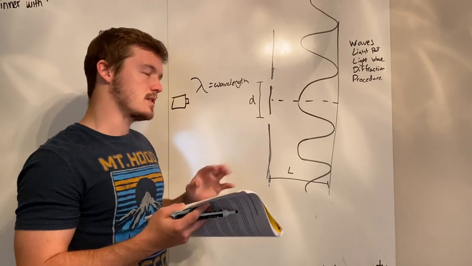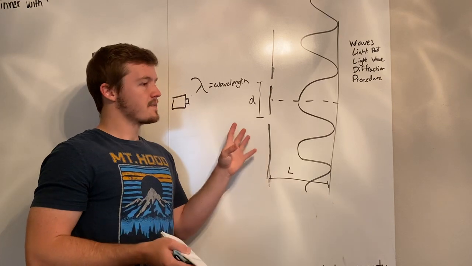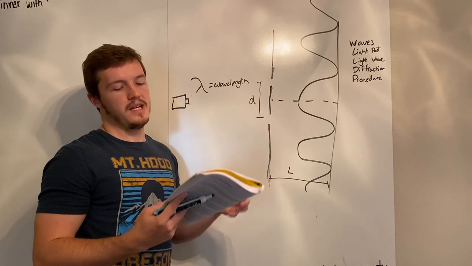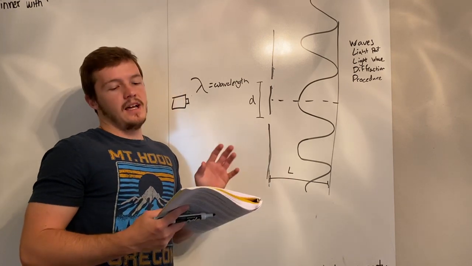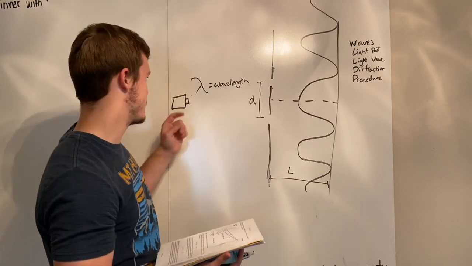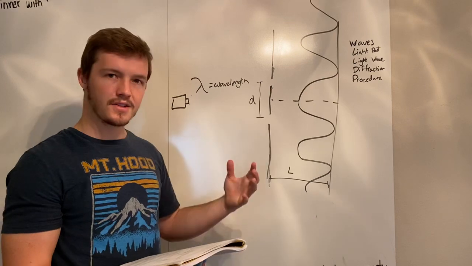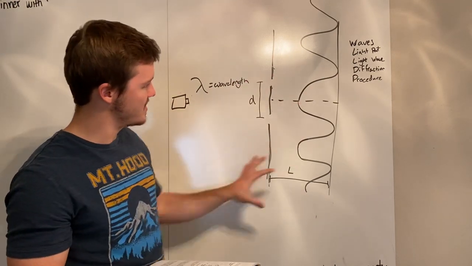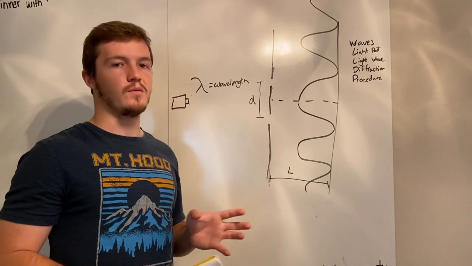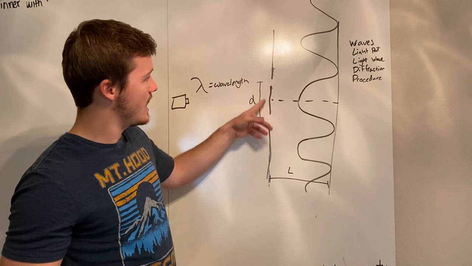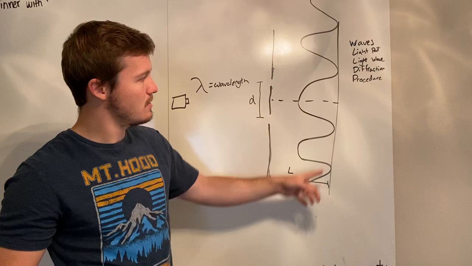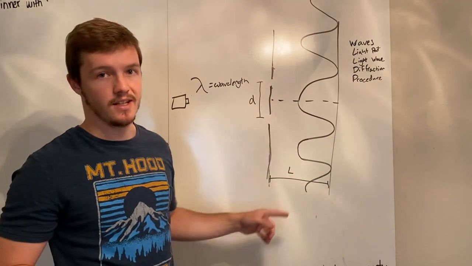Now, I want to reiterate, keep in mind that this experiment was not originally about computing the wavelength of light. I don't want you to come away from this thinking that the double slit experiment is used as a fancy way to compute the wavelength. We're doing that as an exercise to play around with how this whole system works, but really the incredible thing here is that light behaves as a wave and as a particle, and if you treat it as a wave coming through here, you can actually build a mathematical model that predicts this behavior we see in real life.